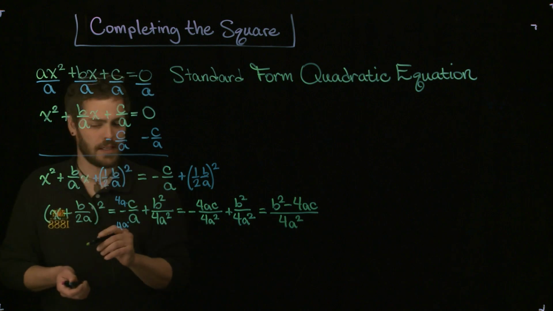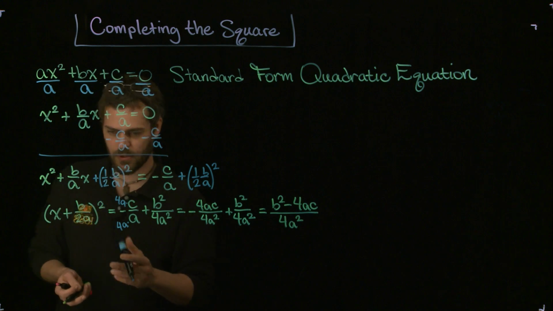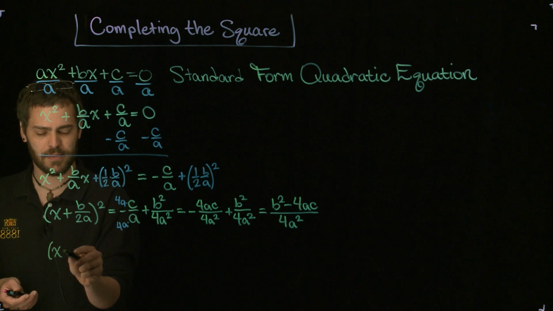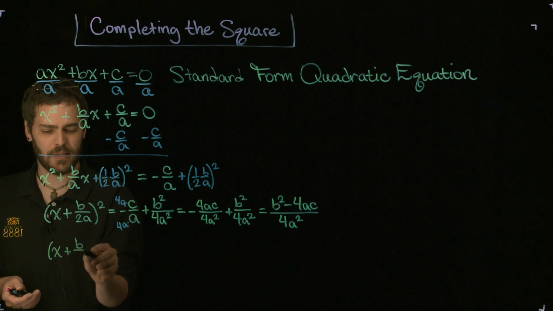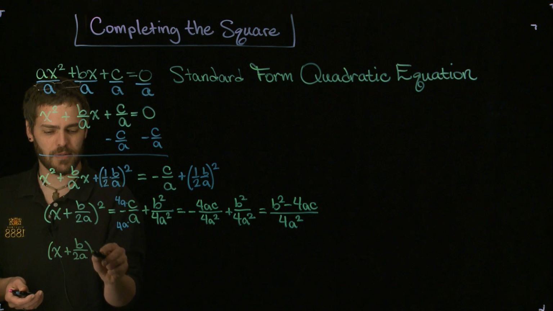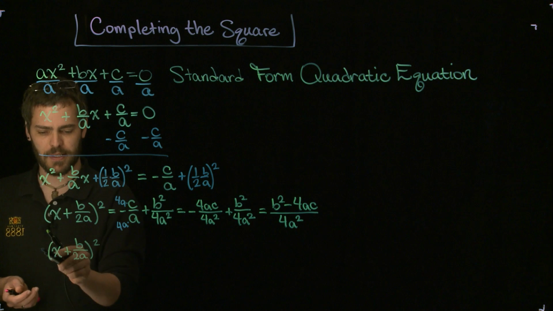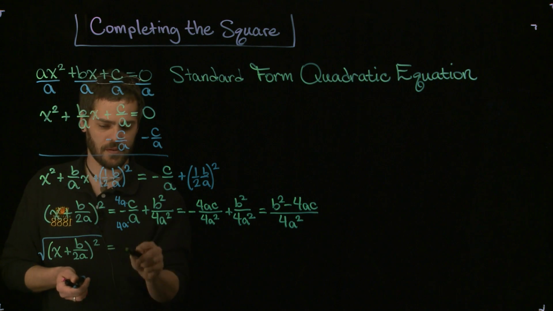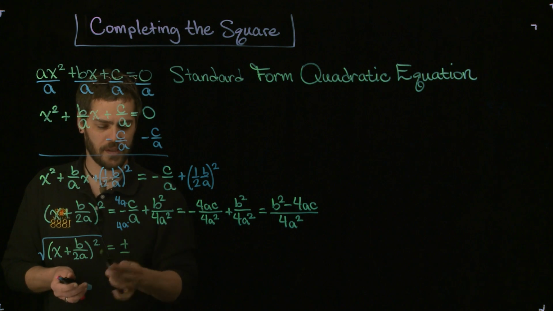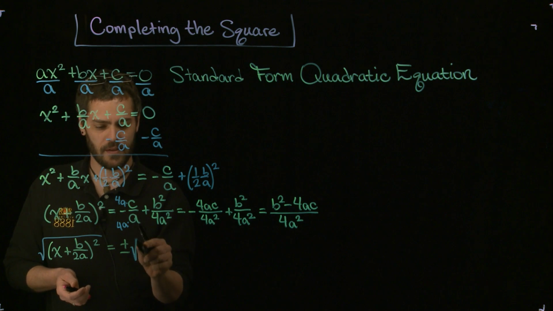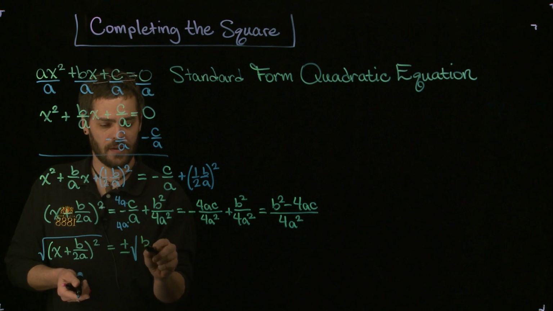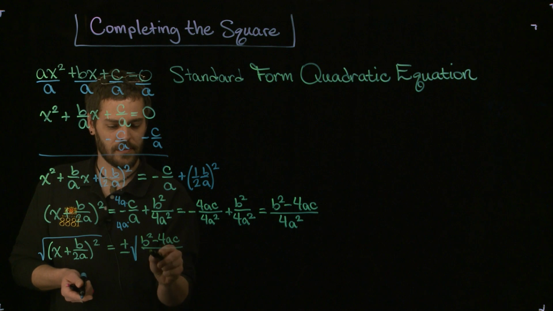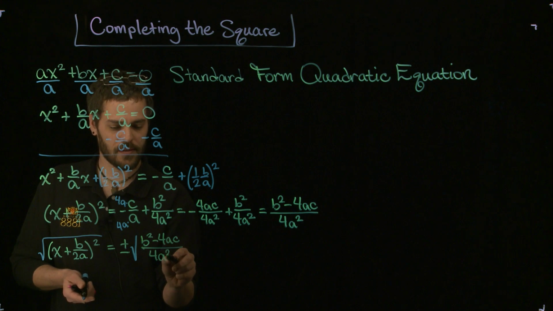Okay. In the next step, I'm going to take a square root of both sides of this equation. So let me rewrite this. This gives me x plus b over 2a quantity squared, but I'm going to take a square root of that. And on the other side equals, don't forget your plus and minus, the square root of the simplified fraction over there. B squared minus 4ac all over 4a squared.